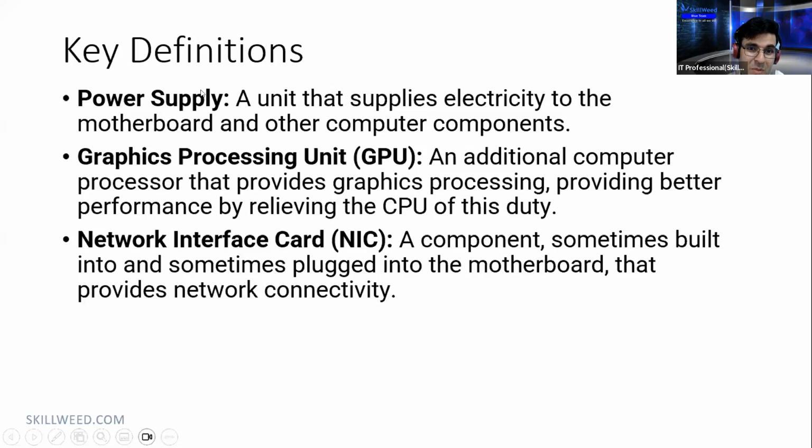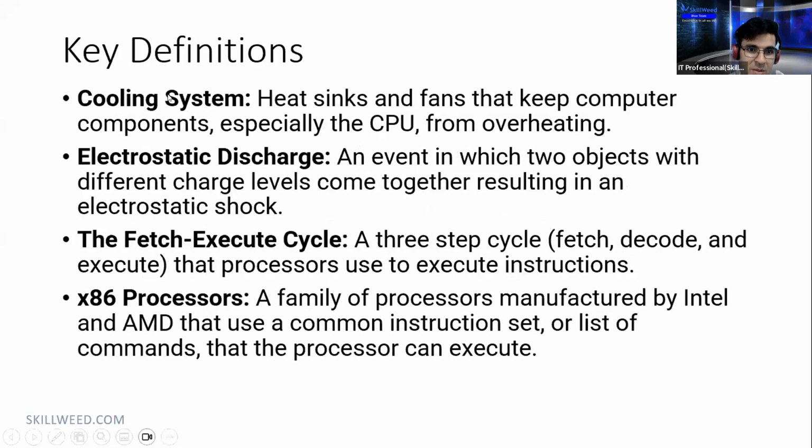The GPU will be plugged into an expansion slot, remember that. And you have the network interface card, most of the time built in, but you can also plug it into the motherboard, that can provide network connectivity, okay? That's one thing you should keep an eye on with this motherboard.